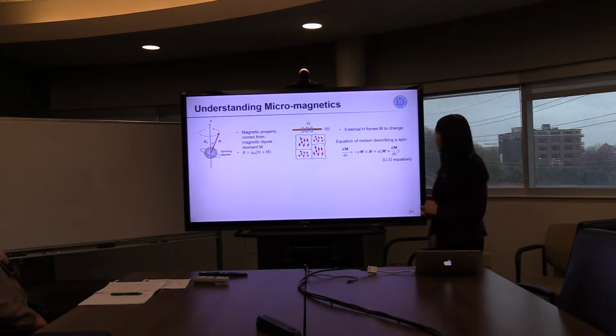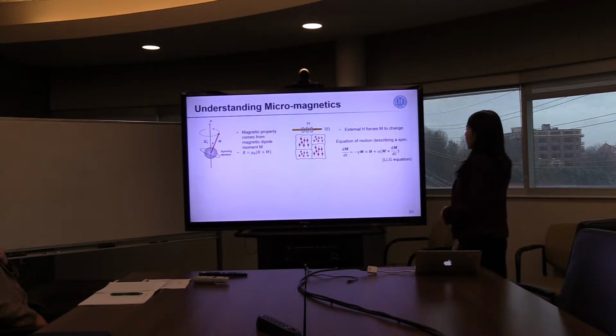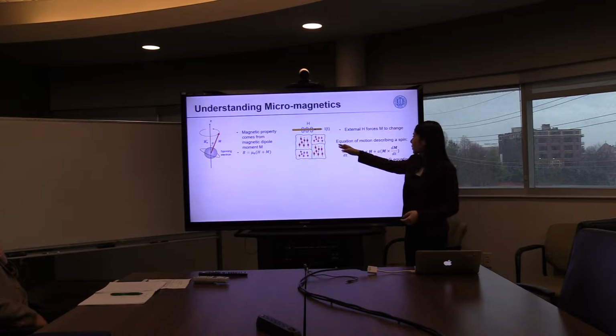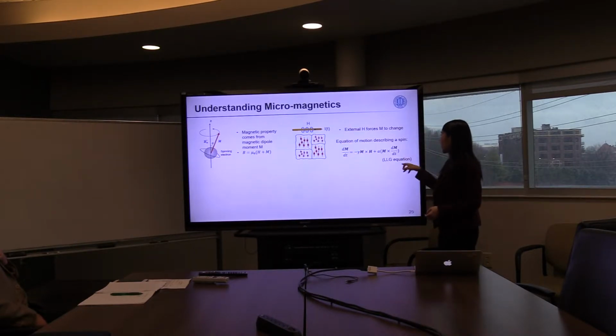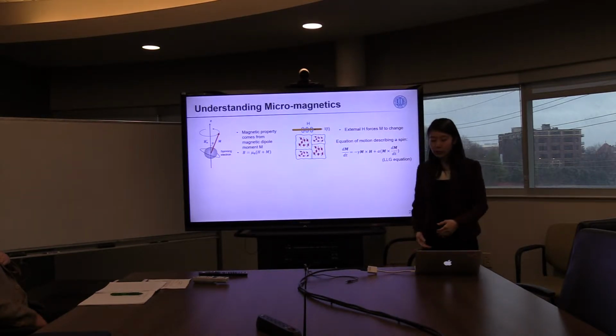When an external current generates an external H, this H will force these magnetic spins to realign and rotate. And this famous equation describes the rotational motion of these spins, which is called the LLG equation. It actually just gives you how H changes M inside the material.